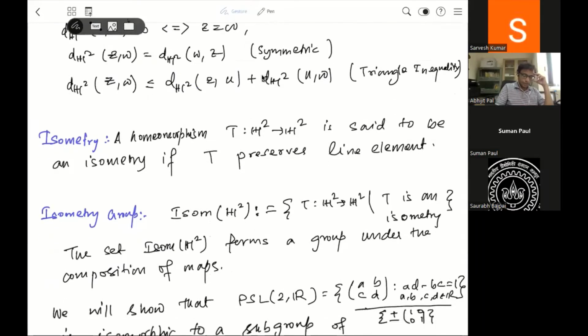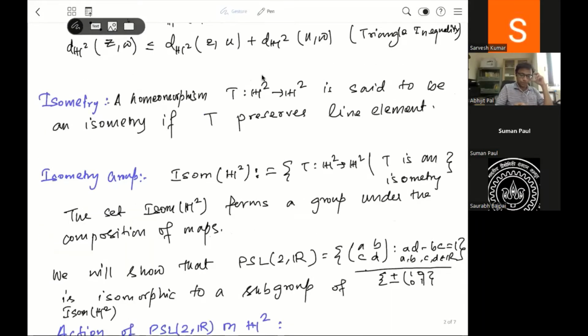The next job is to show that PSL2(R) is the following. First you take SL2(R) and you quotient it by plus or minus identity. That is my definition of PSL2(R).